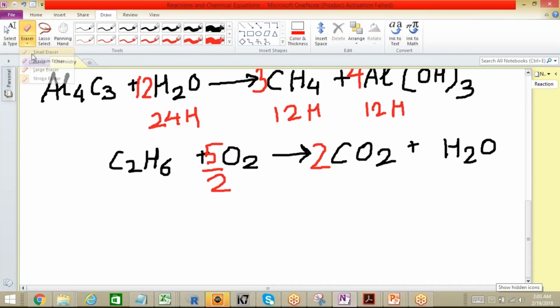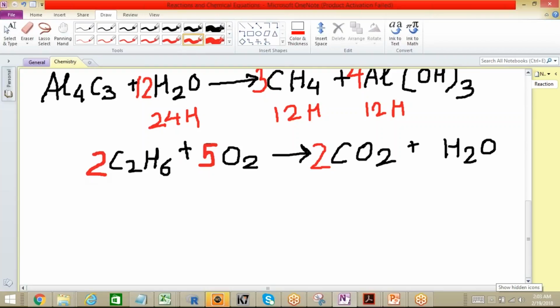So now let me do one thing. Let me remove it and make it a little bit sensible here. So instead of that, I just multiply the entire equation by 2, right? Then what will happen?